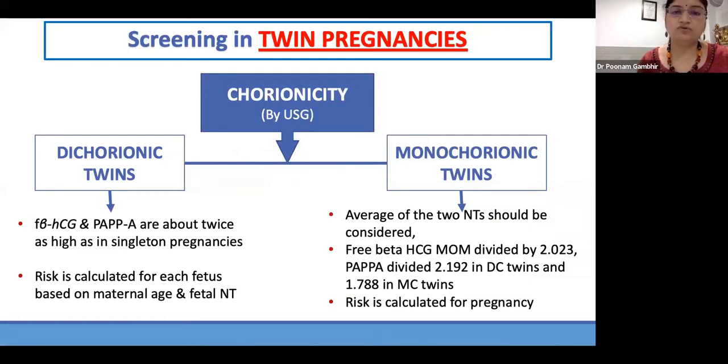The first and foremost thing is to estimate the chorionicity by ultrasound. That is very important because all further steps will be guided by whether they are dichorionic or monochorionic twins, because risk by biochemical screening is calculated for each fetus in dichorionic twins based on maternal age and NT, while it is calculated for the pregnancy as a whole for monochorionic twins.